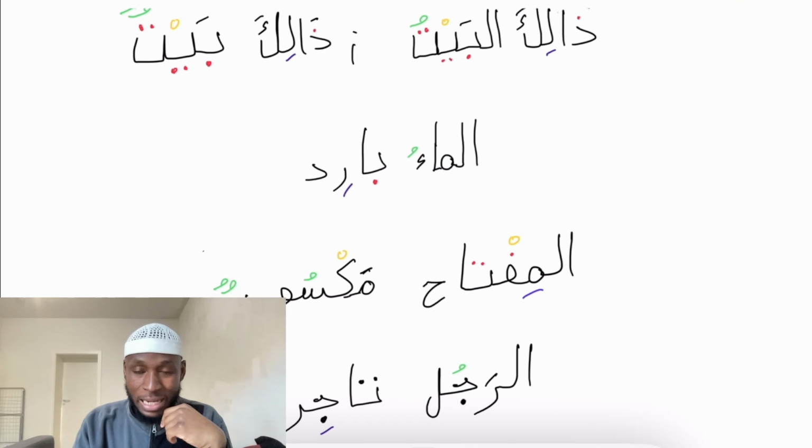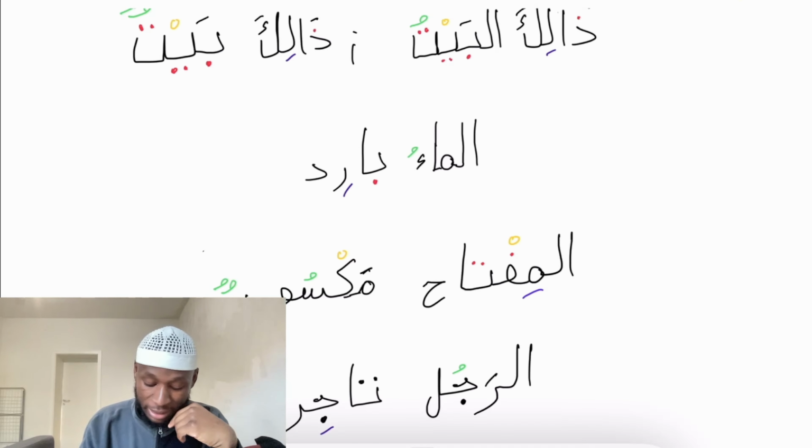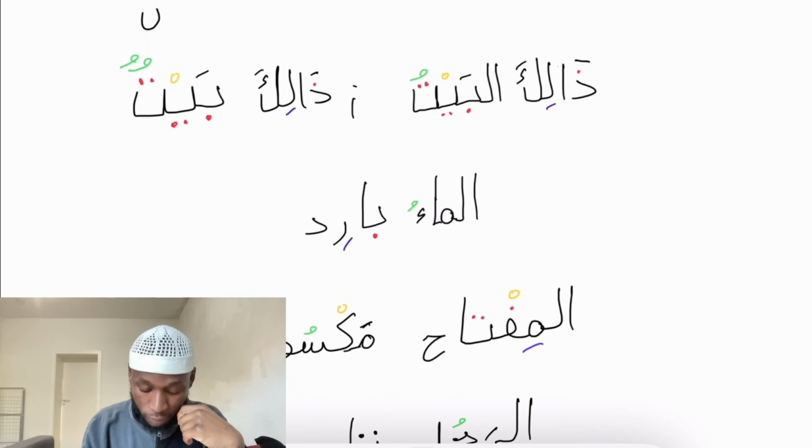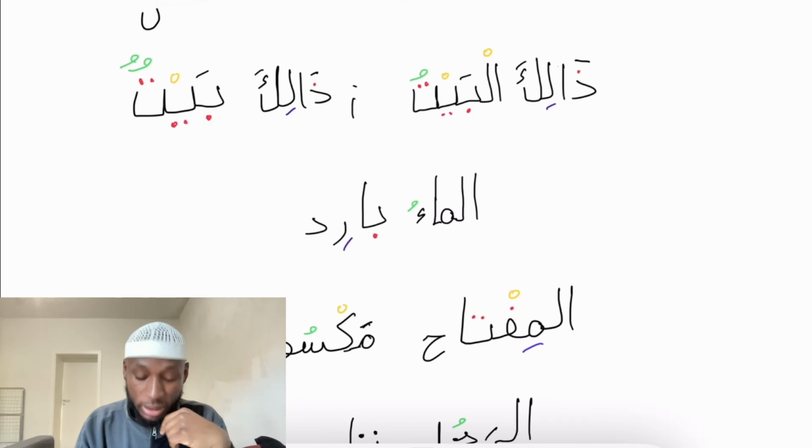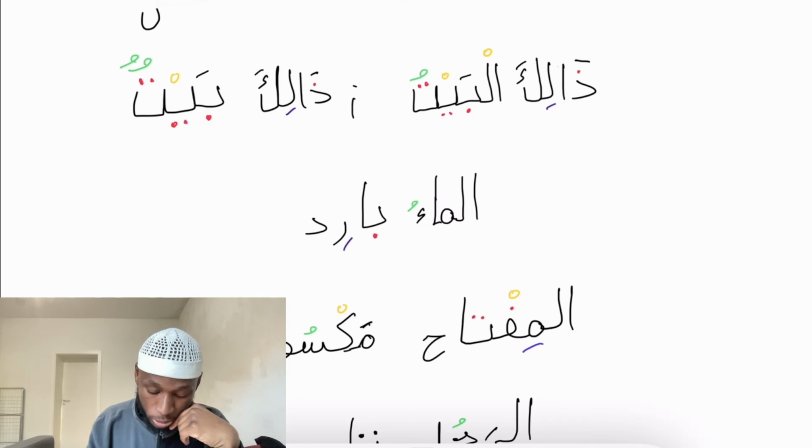So we have al, which always indicates definiteness. Now also here, what are we doing? We are jumping the al here. We are not going to recite it. We are going to this lam. So how do we read it?